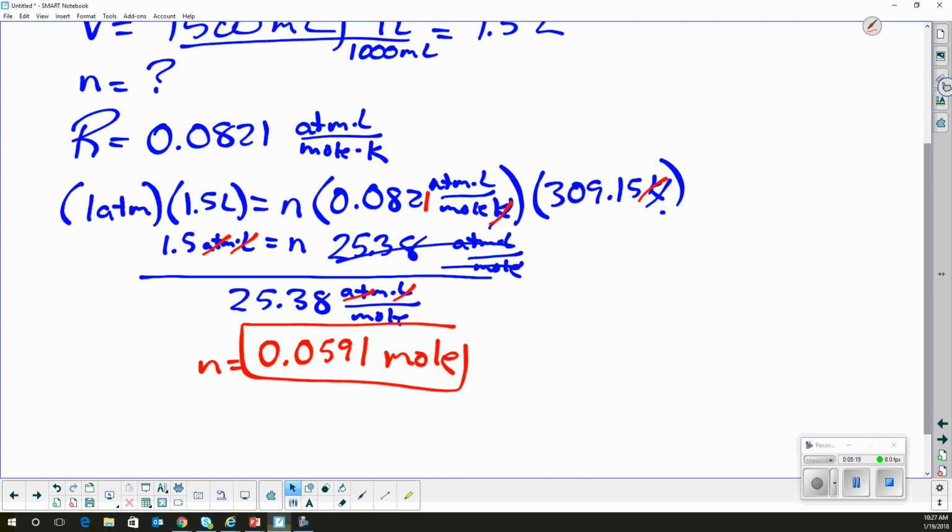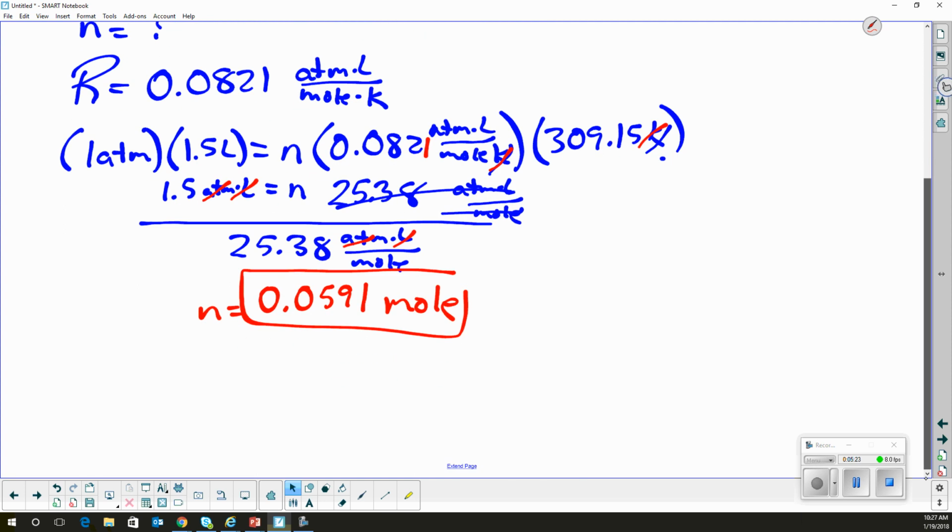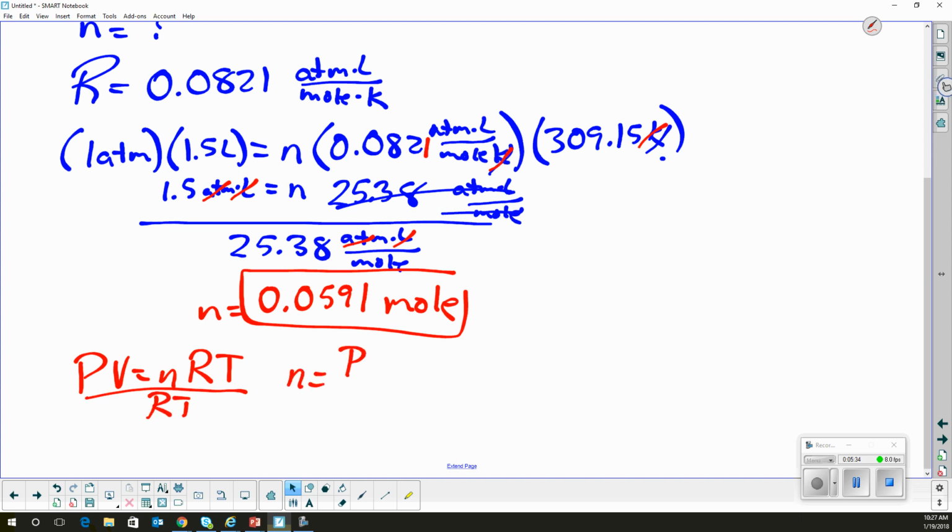Okay. Personally, instead of doing it this way, I like to rearrange it first. So I would just take PV equals nRT, and I would rearrange it, divide both sides by RT, and I get N equals PV divided by RT, and then I just plug in and do one calculation instead of the two that we did.